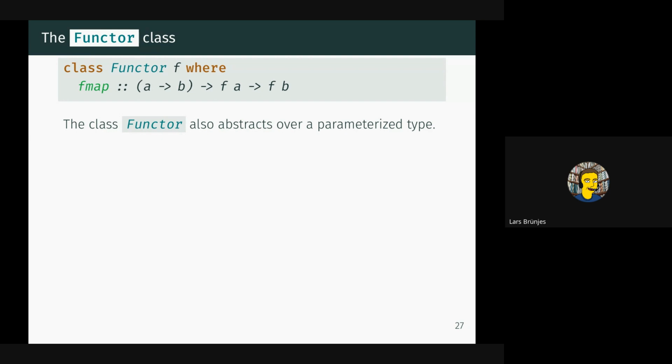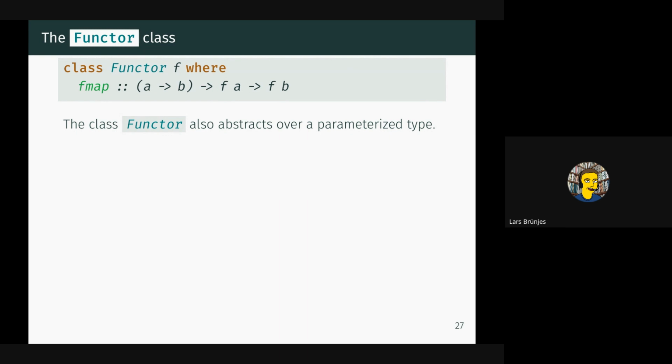That's the prime example. And we just generalize from list, maybe, trees to an arbitrary f. We say such a type constructor f is a functor if we have a function that we call fmap. So given a function from A to B, it can turn an f container of A's into an f container of B's.